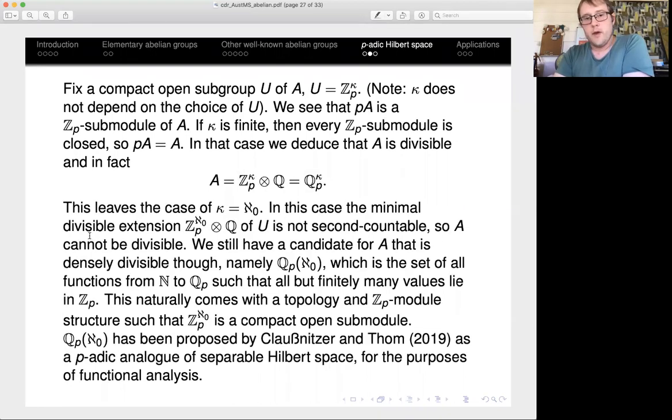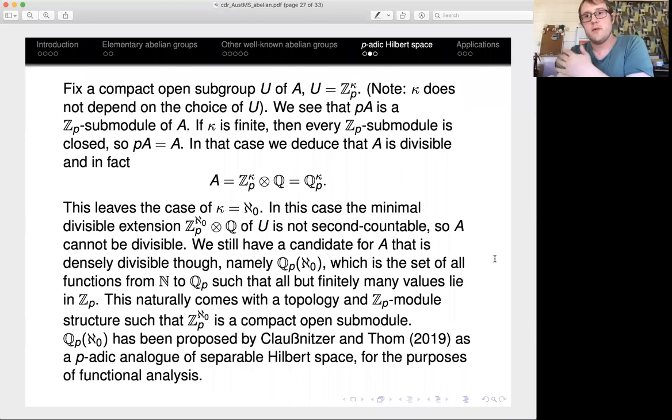Okay. Now, the interesting case is when we have a group that's locally isomorphic to the direct product of countably many copies of ZP. And we could just try taking the divisible extension of this, but that ends up being too big. So this group, this ZP to the L(f)0 tensor Q, is not second countable anymore.